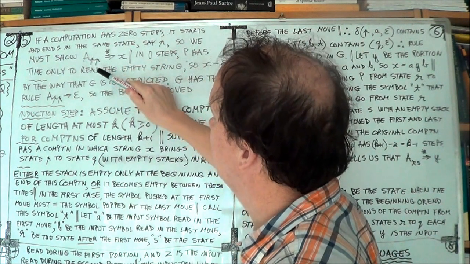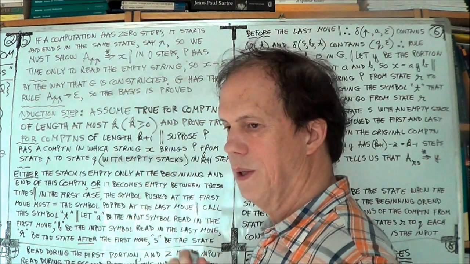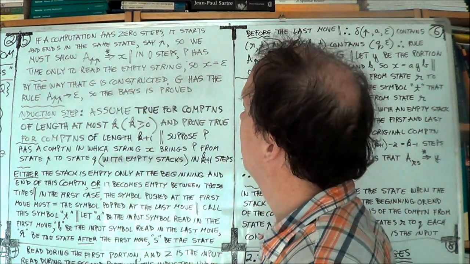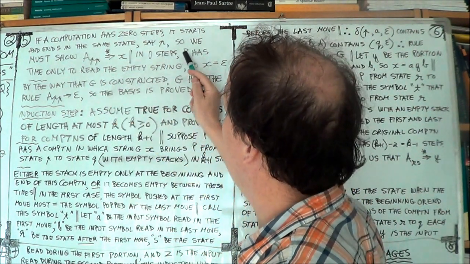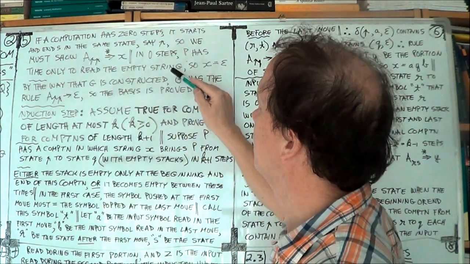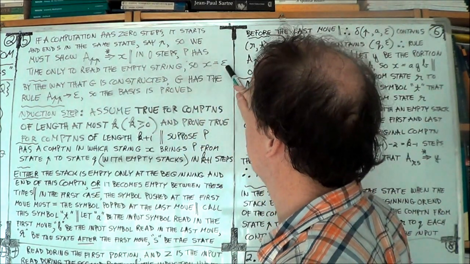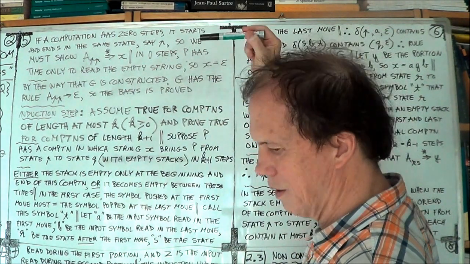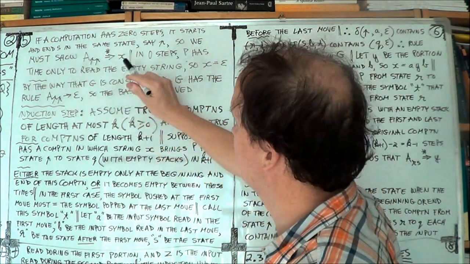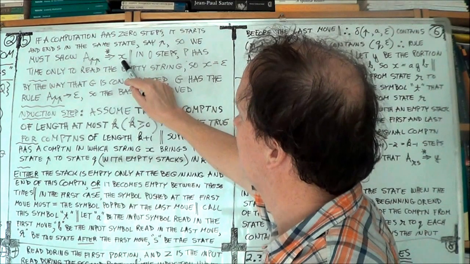Now for the machine, when there's no state change in 0 steps, the only thing that the machine, big P, can read in 0 steps is the empty string. So the x that it's reading is just the empty string.